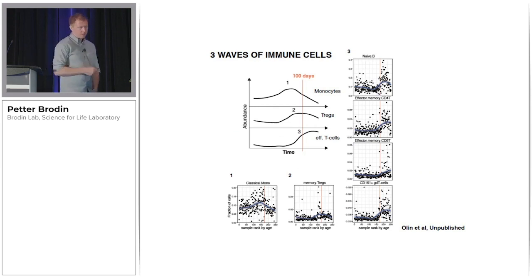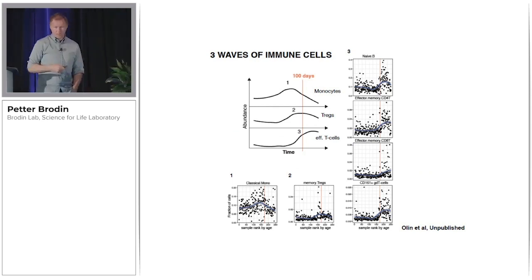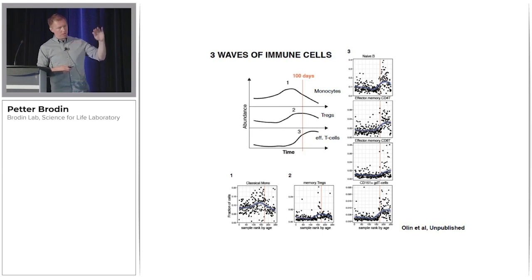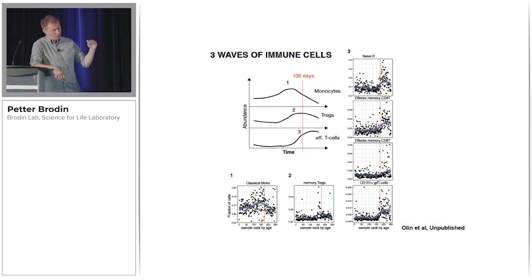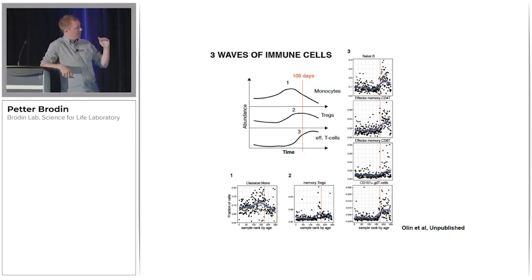And what we're seeing around the 100-day line, which is pretty intriguing to me at least, is that there are these 3 waves of pretty dramatic changes in immune cell composition in the blood. The first wave is basically a monocyte expansion, which is really transient, but that's the first thing that happens.